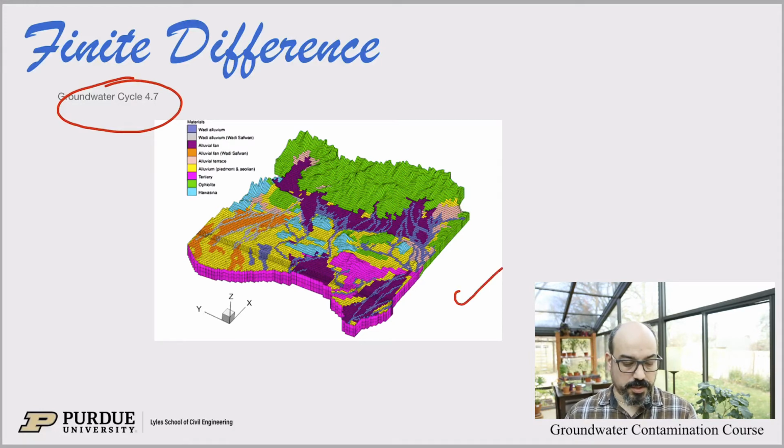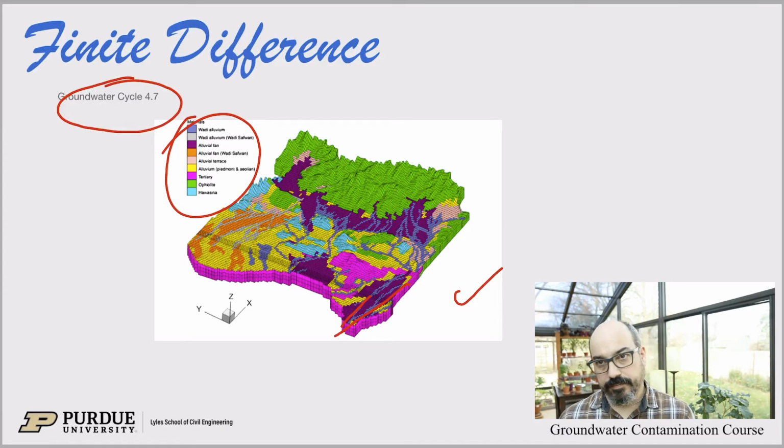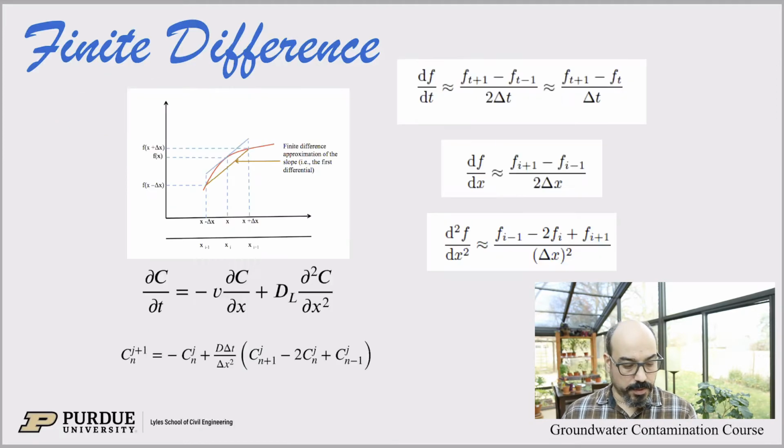And again, this is just a model flow domain where you can see different materials represented by different colors. You can sort of see veins in the domain. Again, little squares, right? Solving equations on grids is the oldest method and still the one that is used in industry to model flow and transport in aquifers.